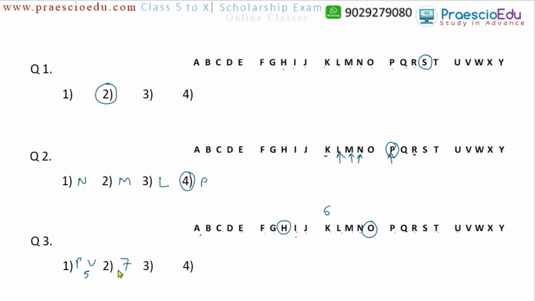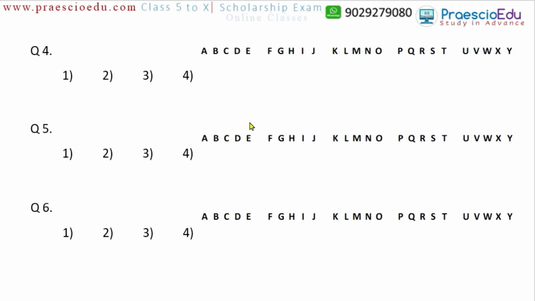Then D and K, D here and K here: 1 2 3 4 5 6, 6 comes here. Then option number 4, T and Y, T is here and Y is here: 1 2 3 4, 4 comes. Now in the question there are 6 alphabets between H and O, which is equal to option number 3, D and K. So option number 3 is the correct one.